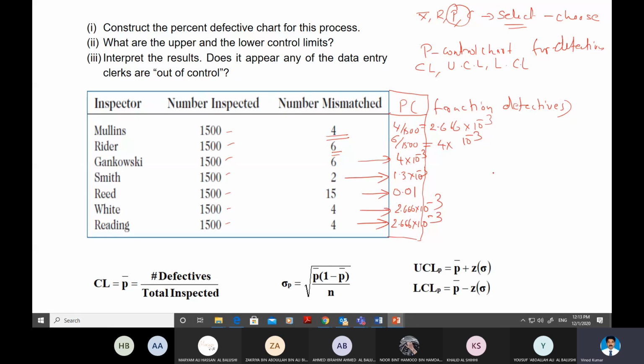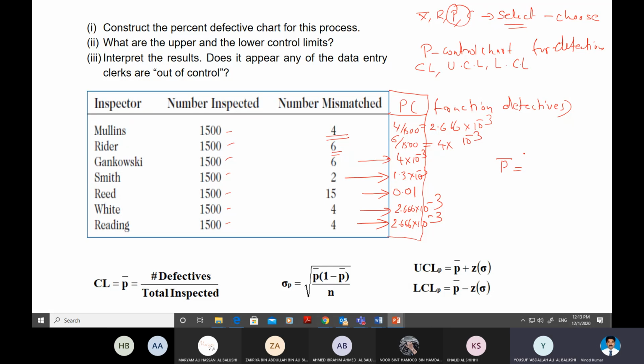Now the P values are there. You know how to get P bar: take the average of these. If you have difficulty in this, you do one thing. You add all these defectives divided by all the inspected numbers. For example, 4 plus 6 plus 6 plus 2 plus 15 plus 4 plus 4, divided by 1,500 into 7.